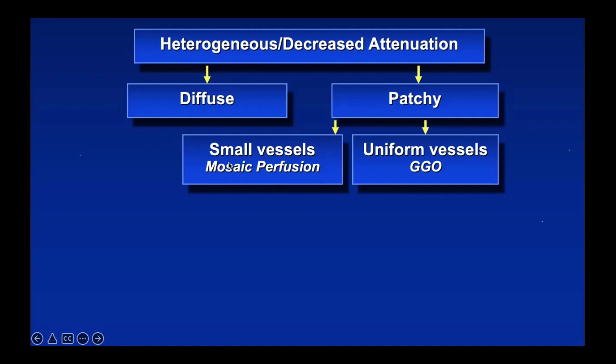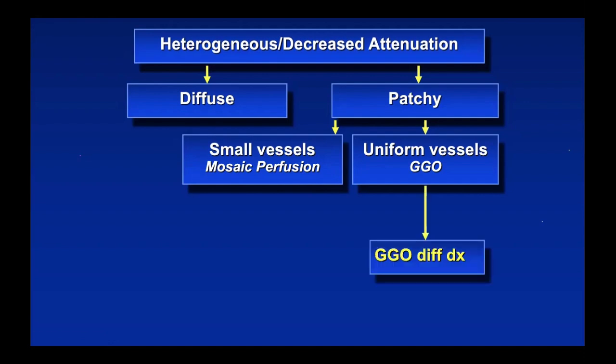That's the same thing. Mosaic perfusion is the same thing as mosaic attenuation. It's just a different name. So if the vessels are small, that's mosaic. If the vessels are uniform across all of the lung, that is ground glass opacity. So I'll show you what I mean.